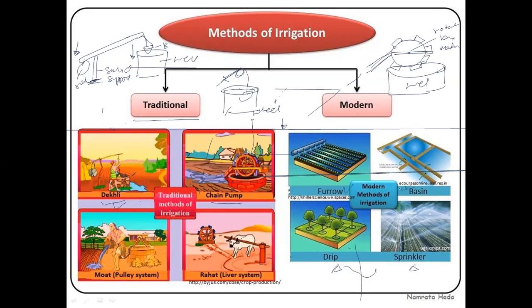Here we have got a structure with certain holes in it, and it is simply pouring the water between the rows. Another one is basin. As per your syllabus, you have only the drip and sprinkler systems, so remember these two.